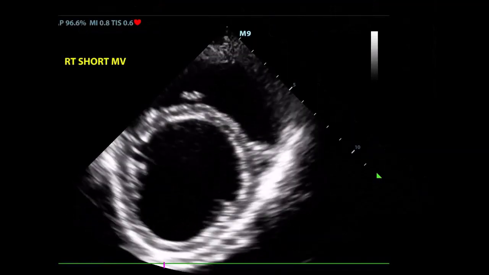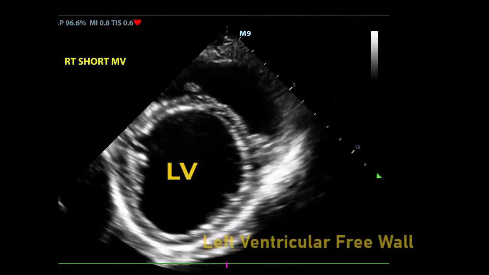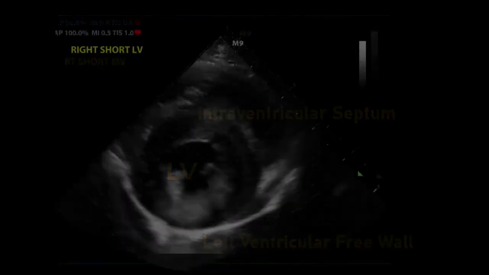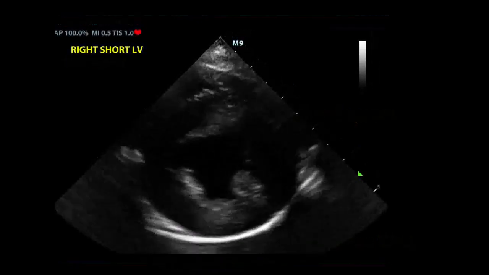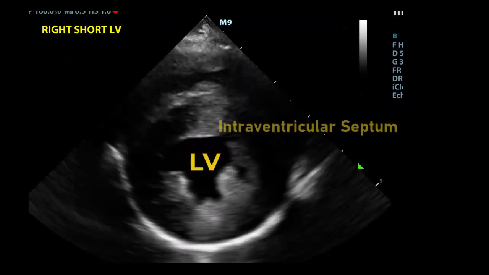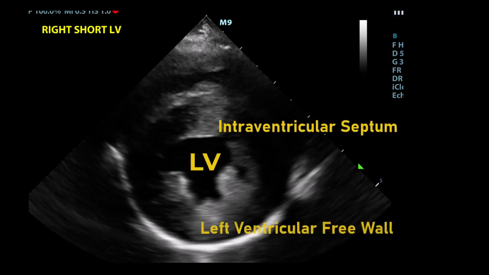Sometimes it is obvious from the two-dimensional image that the left ventricle is larger than normal and the muscle is thinner than normal. Sometimes it is obvious that the left ventricle is smaller than normal and the muscle is thicker than normal.